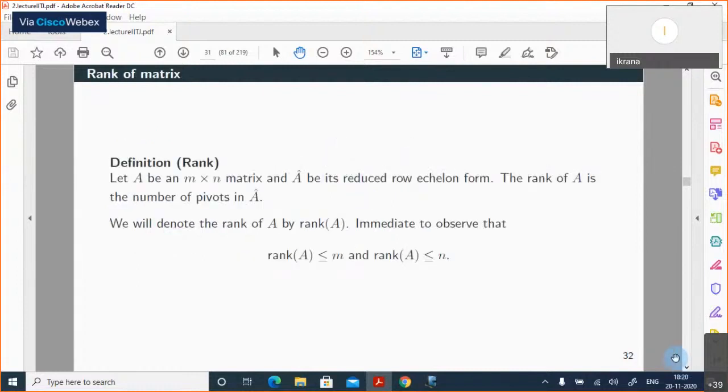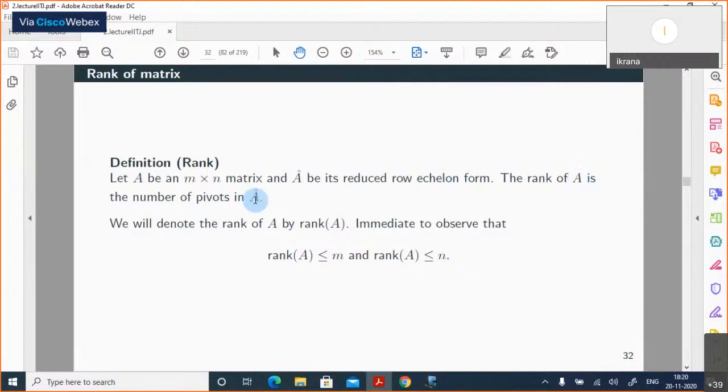All right, let us now look at slightly more theoretical knowledge about the work that we are doing. If A is an m cross n matrix and A tilde is its reduced row echelon form, then the rank of the matrix A is the number of pivots in A tilde.